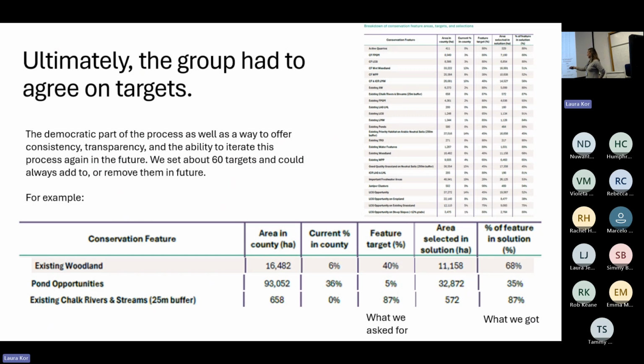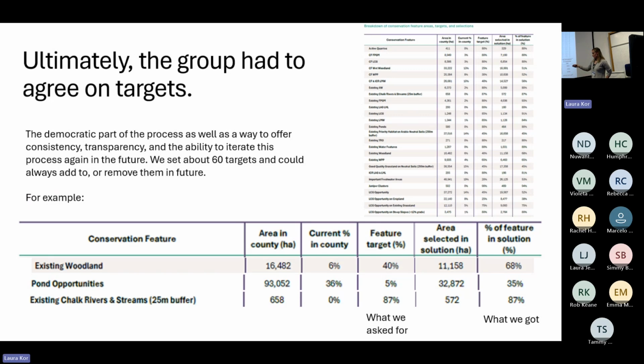But what you can see in these cases is that where we said 40% of woodland and 5% of ponds, the actual outcome was that we got nearly 70% of the available woodland and 35% of ponds. So that's 32,000 hectares where people could create ponds, 11,000 hectares of existing woodland mapped for enhancement actions.